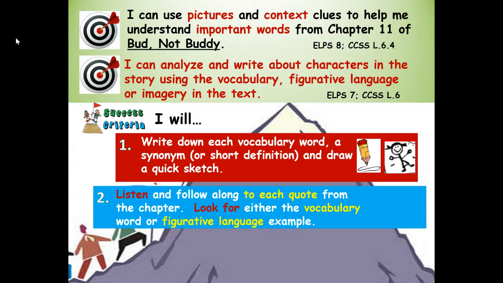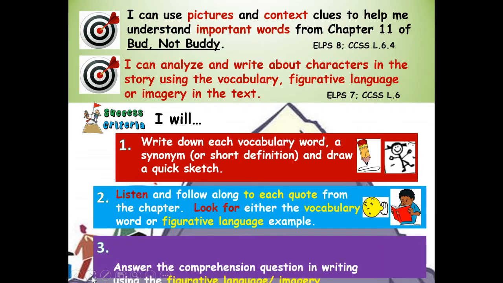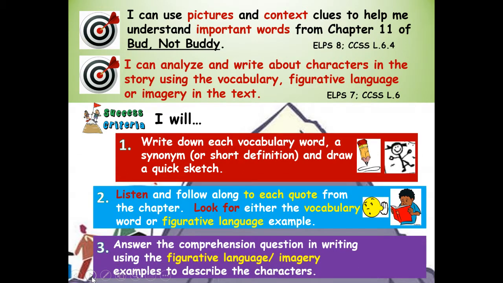Look for either the vocabulary word or the figurative language example. And number 3, I will answer the comprehension question in writing using the figurative language or imagery examples to describe the characters. And we're going to do this all together.